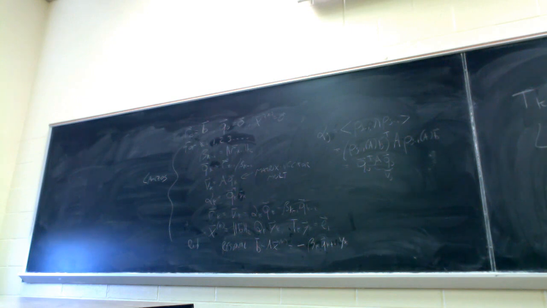LK minus 1, little dk minus 1, WK minus 1, plus dk WK equals 0.